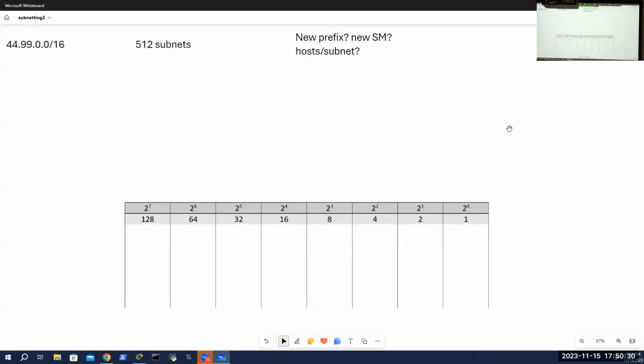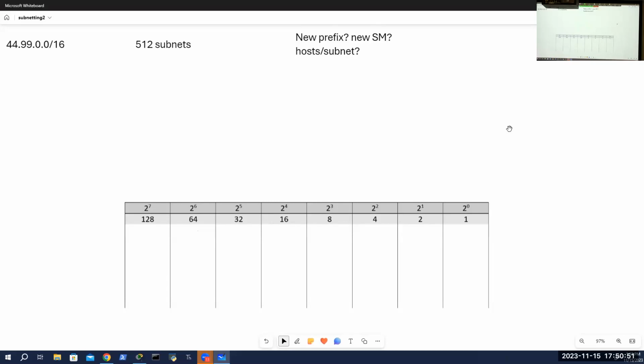Okay, so this one is looking at some bigger numbers. In order to get 512, which is a power of 2, just extend the table by however many spots it needs to be extended to get however many bits you need for 512.